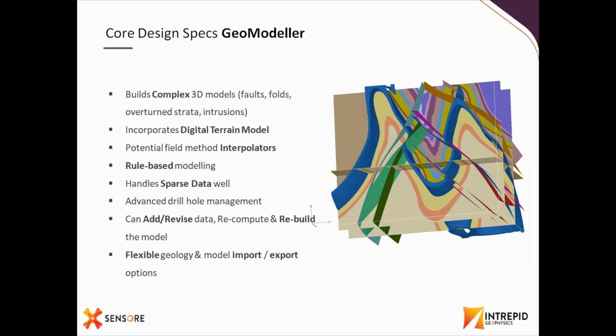Rule-based modeling emphasizes that we can set rules for modeling, like the stratigraphic rule or the top and bottom rule of the sequences, so that GeoModeler can understand how we go with the model. GeoModeller can handle sparse data very well since it's an implicit model, so we don't have to supply data everywhere.